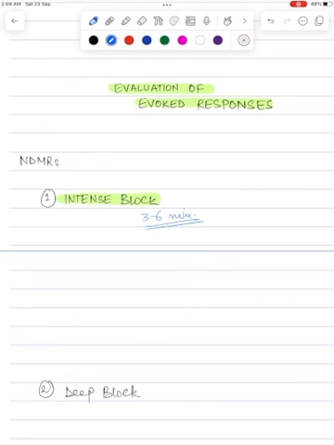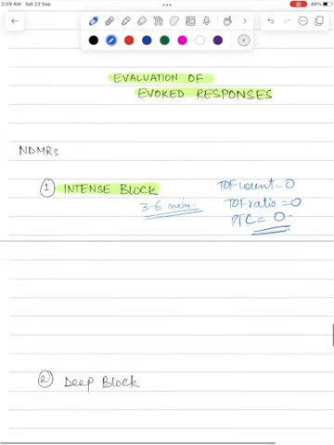During this phase, no response of any kind can be elicited by any pattern of nerve stimulation, right? So an intense block is characterized by a TOF count of 0, a TOF ratio of 0, and even a PTC count of 0, right?